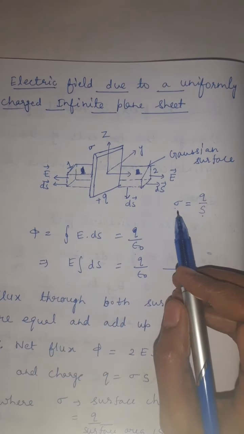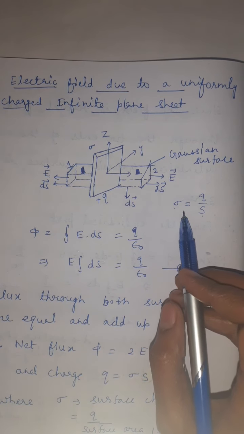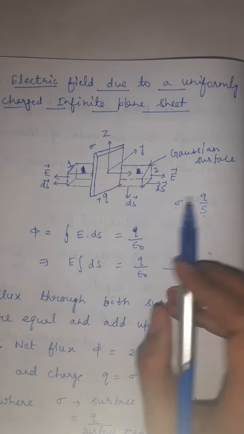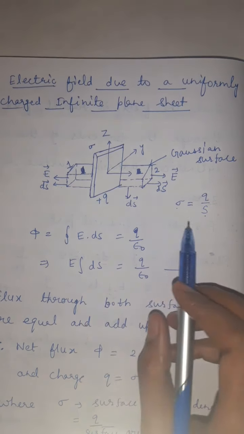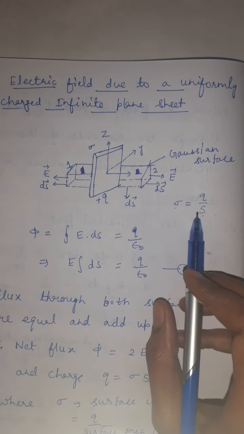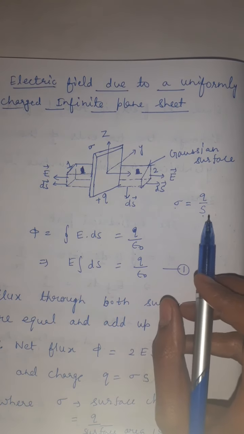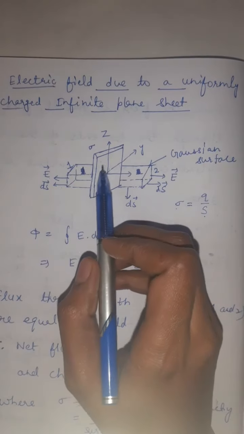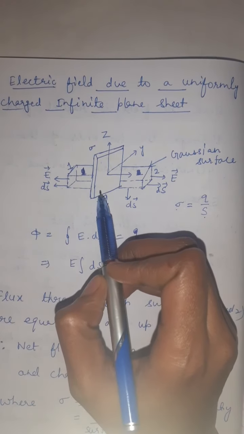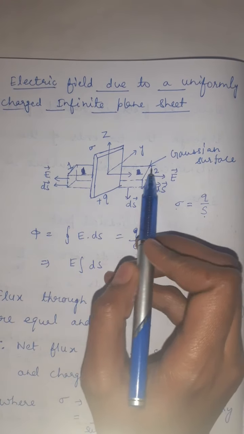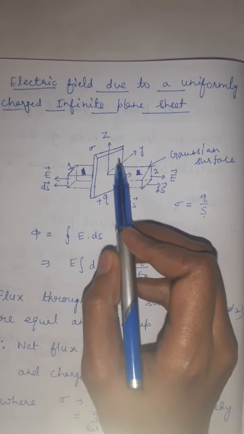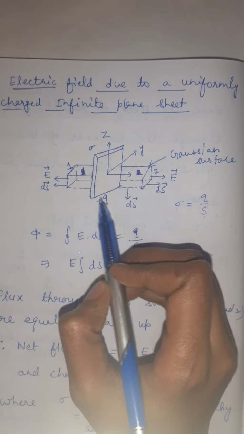So sigma, the surface charge density, can be defined as q, the total charge on this surface, divided by its total surface area S. So sigma equals q upon S. To calculate the electric field due to this plane sheet, we take this as the Gaussian surface, which is enclosing this whole sheet or this whole charge.